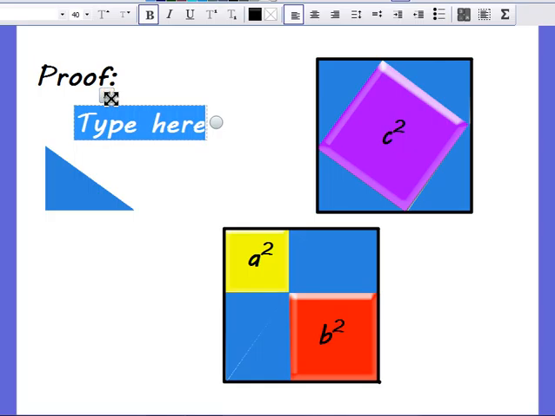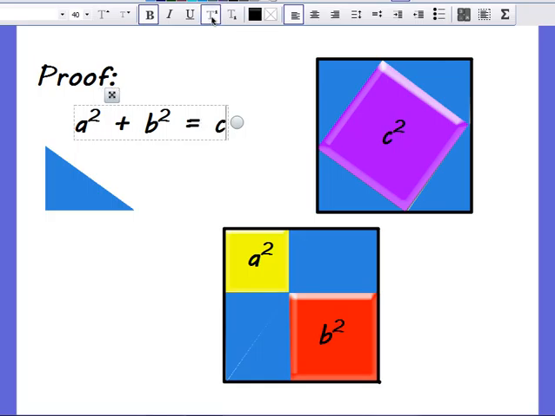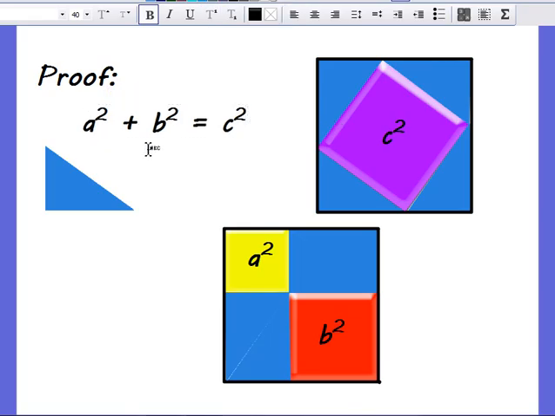We're going to write that a squared, when combined with the area of b squared, take up exactly the same amount of space as c squared. That's what this equation means, and that is the Pythagorean theorem.